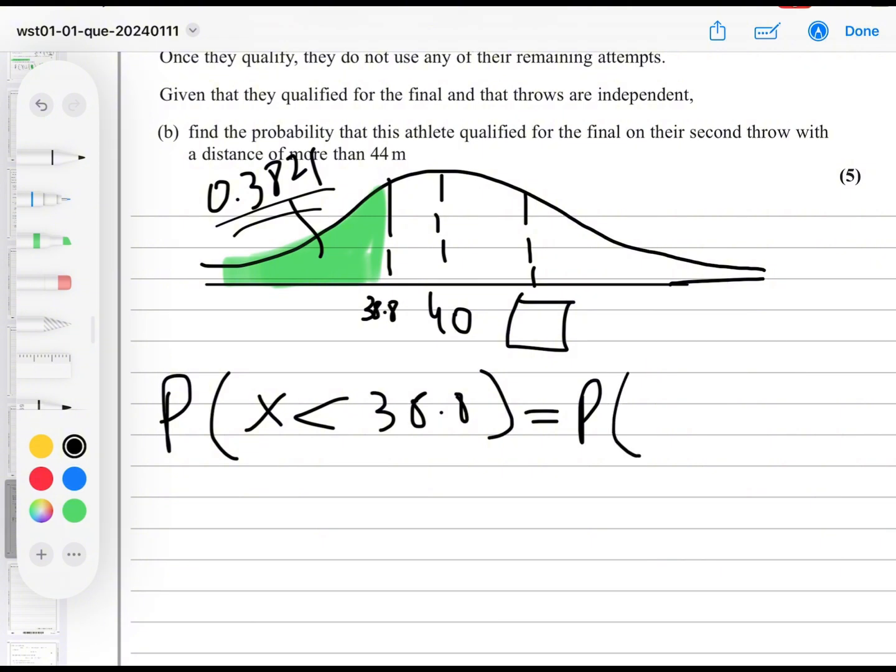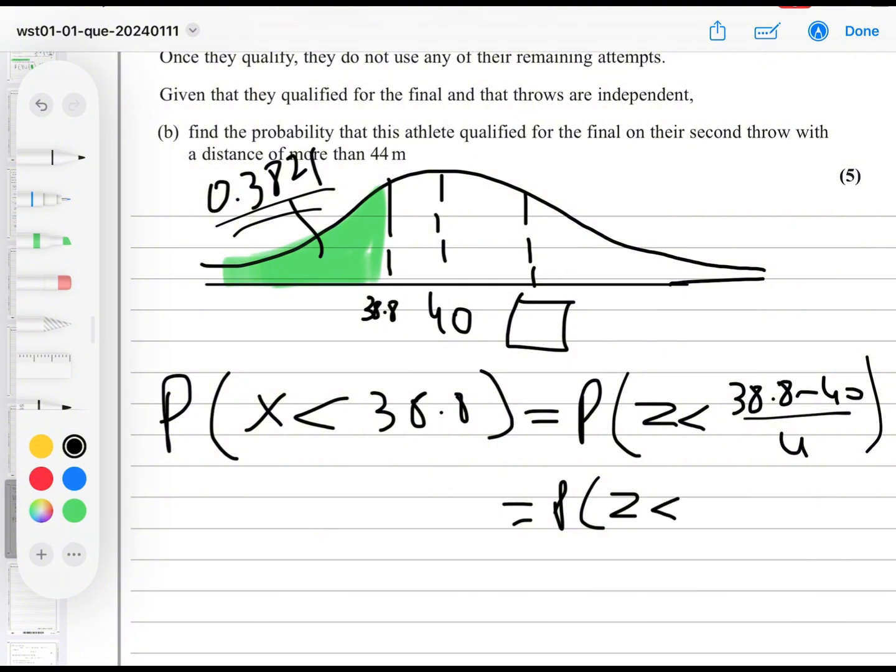Let us first calculate the z-score: z equals 38.8 minus 40 upon the standard deviation, which is 4. So z is less than minus 0.3.